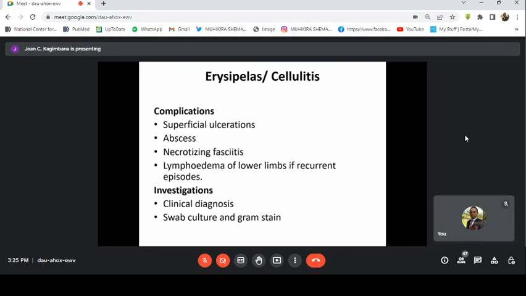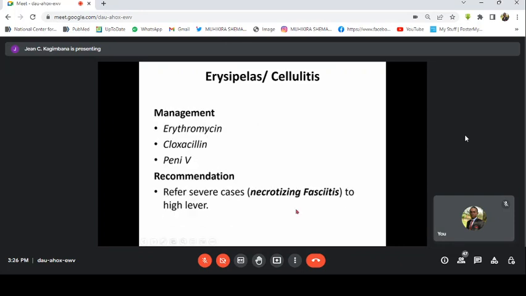Then, if you know the port of entry for the microorganism, check for immunosuppression, especially HIV and diabetes. Okay? Management, we have many: erythromycin, chlorhexidine, penicillin, amoxicillin. All these you may use to treat a patient with erysipelas or cellulitis.